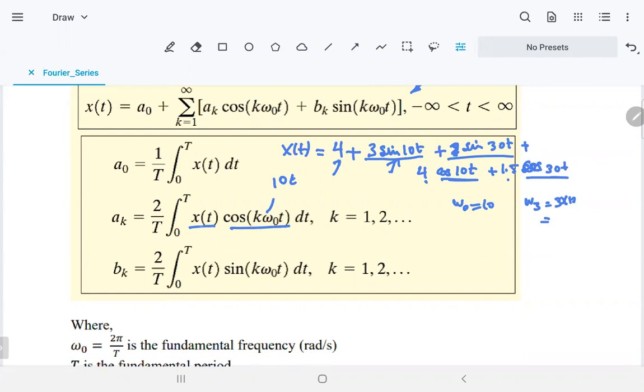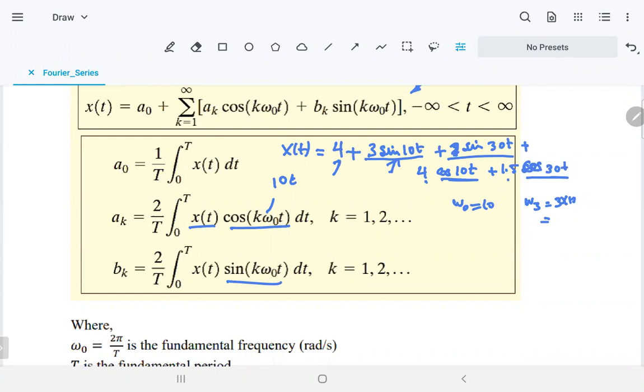So you have to multiply x of t by the cosine k omega naught t, and you integrate it over one period. And you divide it by the period, like the average, but multiplied by 2. So that is AK, the coefficient of the cosine terms of the Fourier series. BK will be the coefficient of the sine terms in the Fourier series, but you multiply by sine.